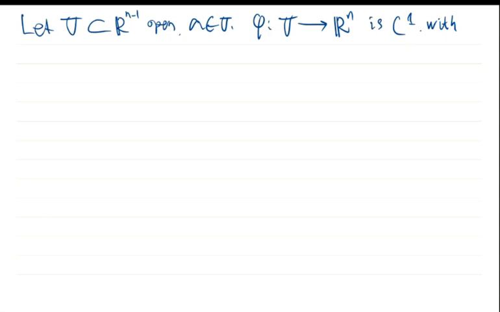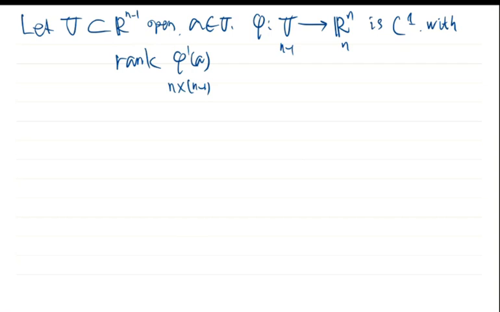The derivative of this map phi at the point A is an n by n-1 matrix, because U is n-1 dimensional and R^n is n-dimensional.